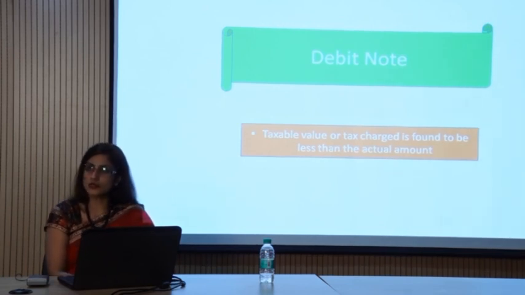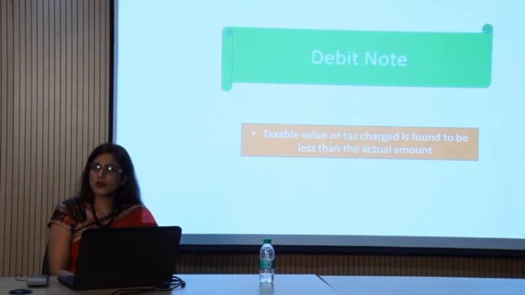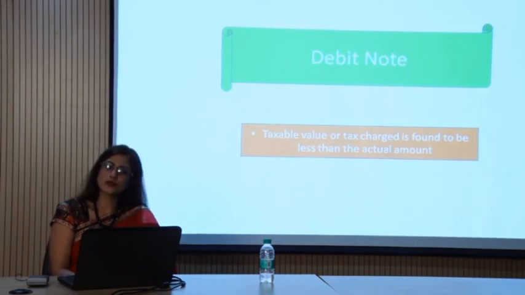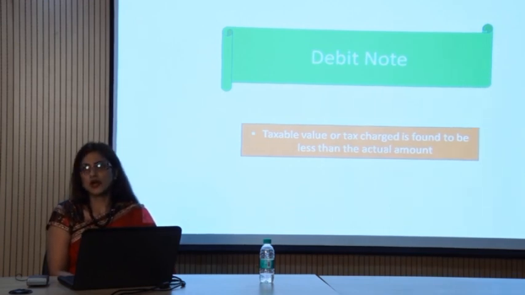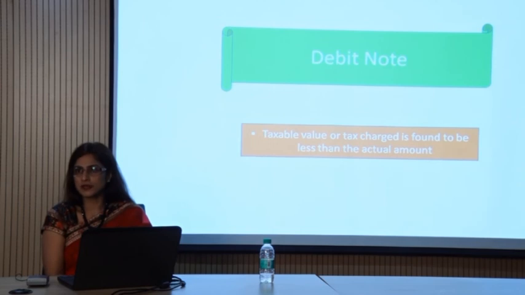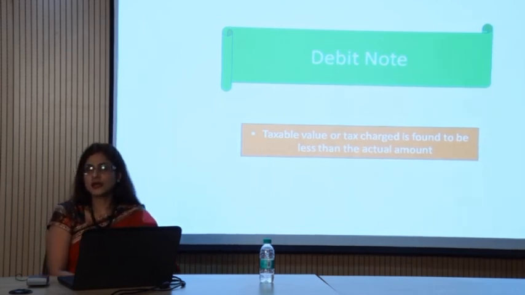Now, friends, the next document is the debit note. Under what circumstances will we issue the debit note? The situation is when the taxable value or the tax charge is found to be less than the actual amount. For example, I have collected 400 as tax, but later on I came to know that the actual liability of the tax is rupees 500, because the tax is the liability of the recipient, not the liability of the supplier, under the concept of indirect taxation.